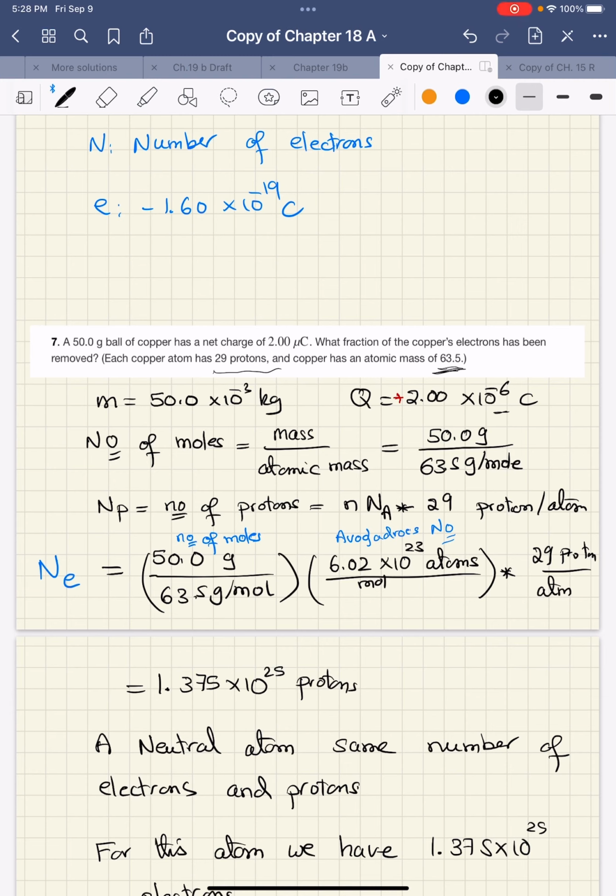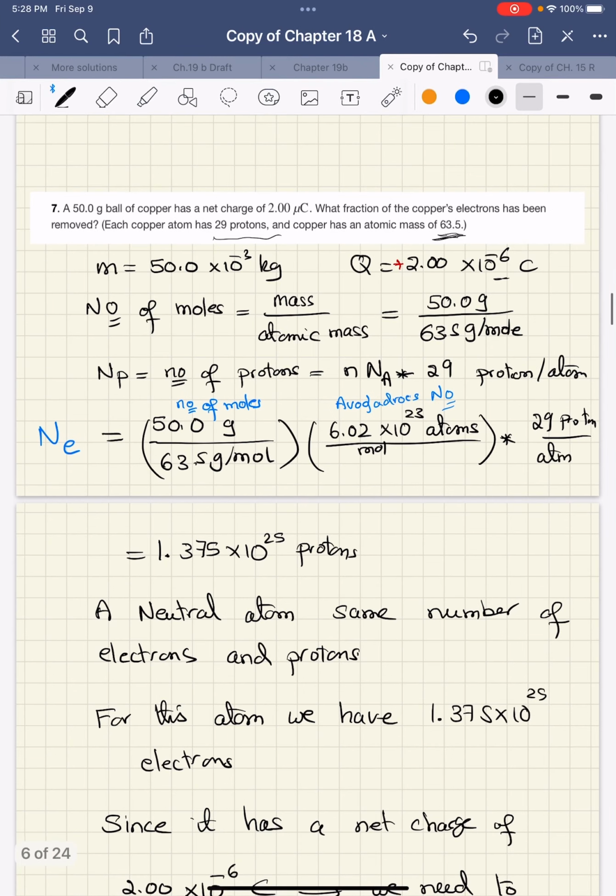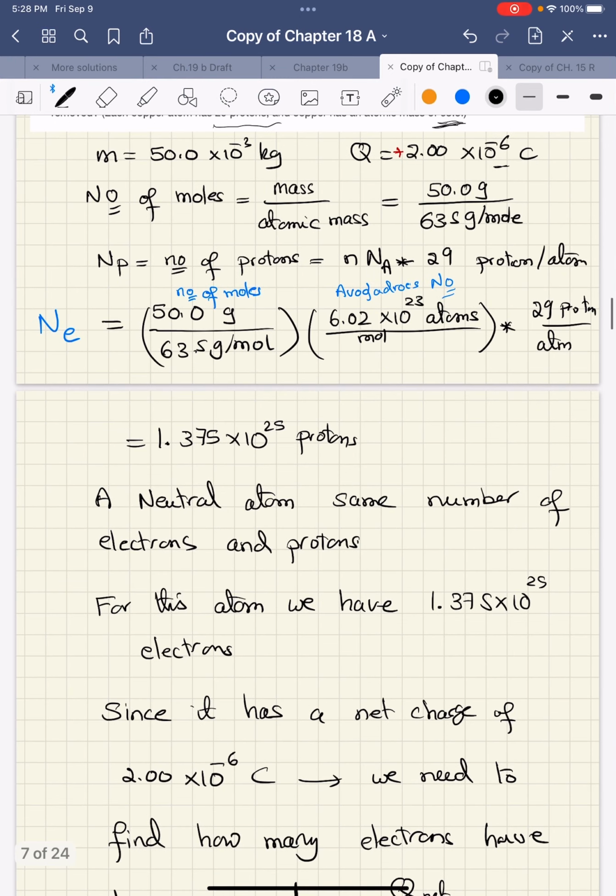Then this is going to give us the number of protons. A neutral atom has the same number of electrons and protons. For this atom, we have then 1.375 times 10 to the 25, because the number of electrons equals the number of protons.